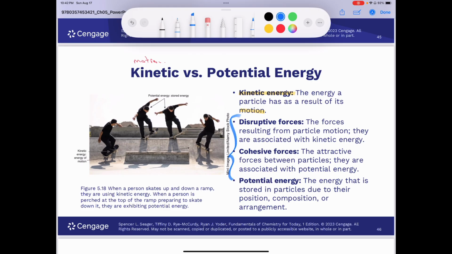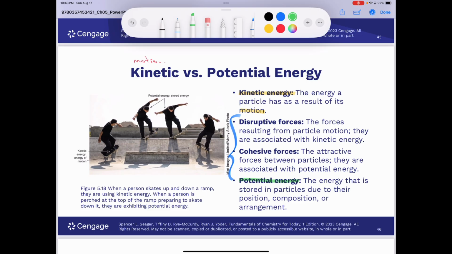Disruptive forces are forces that result from particle motion, and they're associated with kinetic energy, whereas cohesive forces are the attractive forces between particles, like bonds, for example. They're associated with potential energy, and potential energy is energy that is stored in particles due to their position, composition, and arrangement. Potential energy in a molecule, for example, is going to be stored in the bonds.